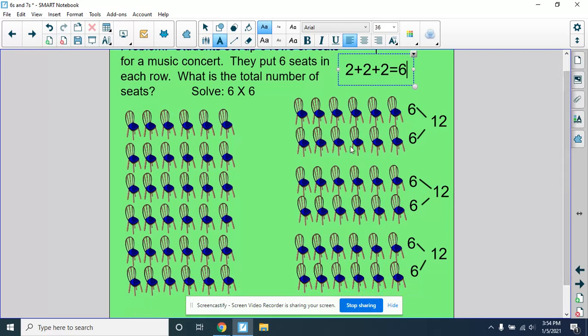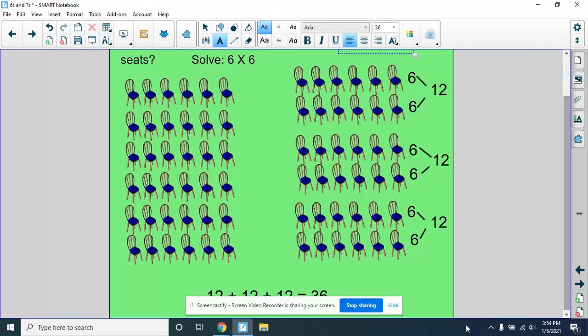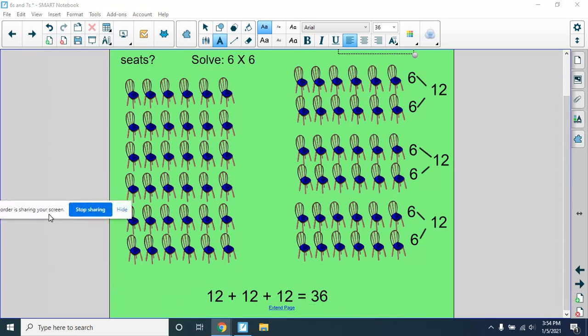So when I do this, I have 2 rows of 6, that's 6 and 6, that's 12. So 2 times 6 is 12, and I'm going to do it again and again. So that's the 3rd time. And then I can come down and add, 12 plus 12 plus 12 equals 36. So 6 times 6 is 36 by breaking the 6s apart into 2s.